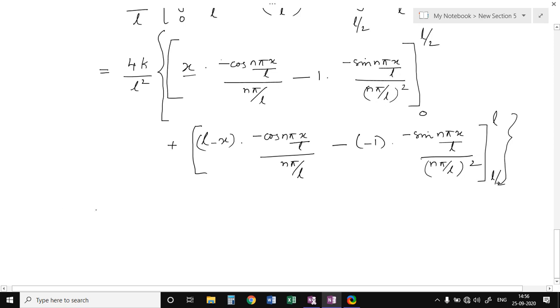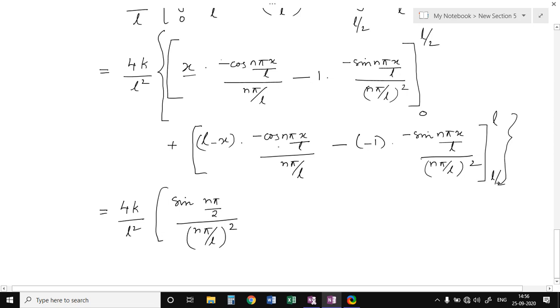Therefore this is equal to 4k by L square, and now that minus minus becomes plus, so we can write sin n pi by 2 divided by n pi by L the whole square. And now the lower limit is 0 here. When you put x equal to 0, this term is 0, and here we get sin 0, that is also 0. So the value of these two terms at the lower limit is 0.